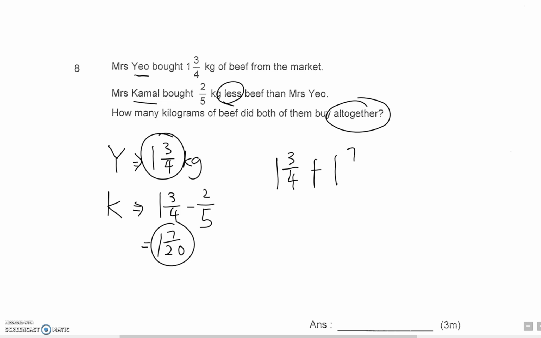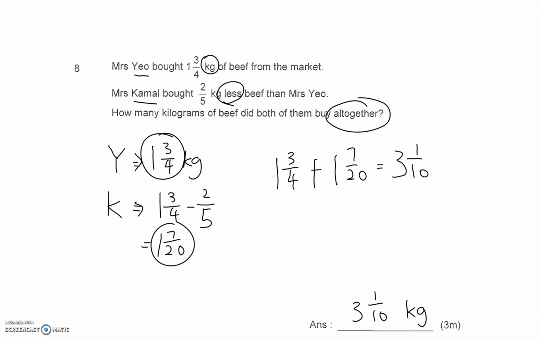So you don't get confused by so many fractions lying over there. Okay, so if you use a calculator, the calculator should give you a very nice number, 3 whole 1/10. But please remember, because this is a mathematics unit, you are required to write the unit, kg.